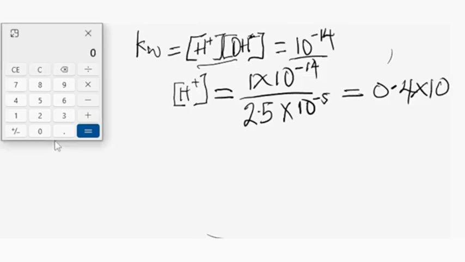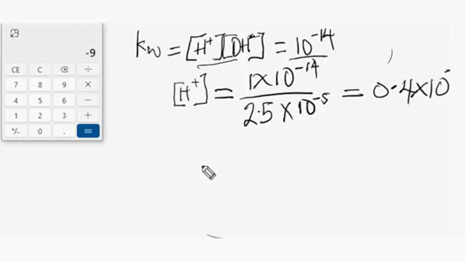So we'll have negative 14 plus 5, and that's a negative 9.